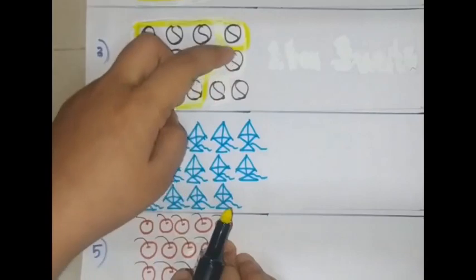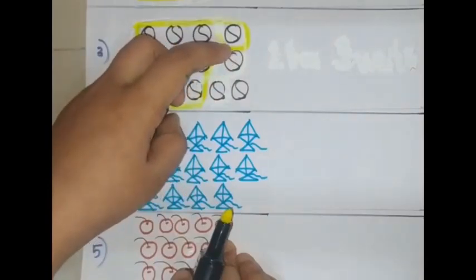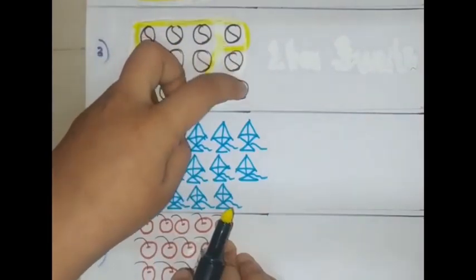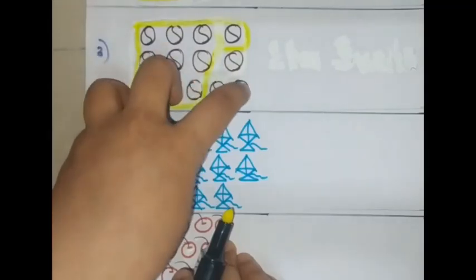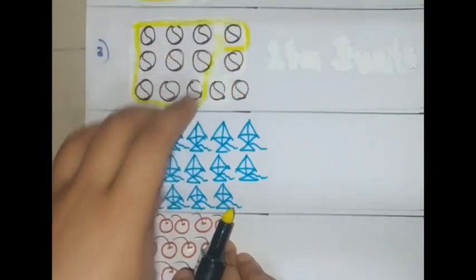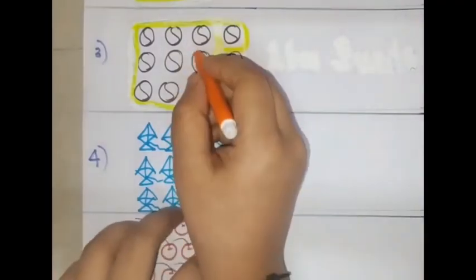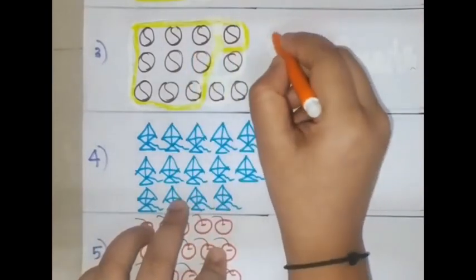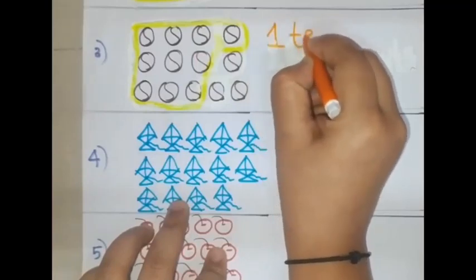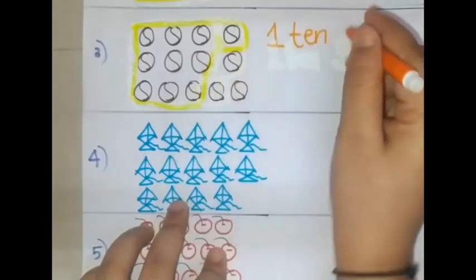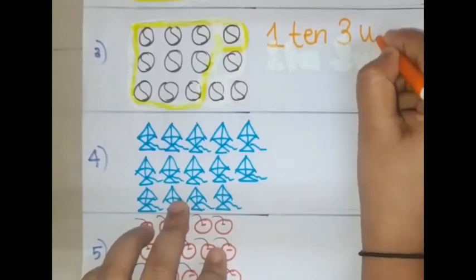Now let's see the remaining balls. How many are there? 1, 2, 3. So there are 3 balls remaining. So now we will write this one group of 10 balls as 1 ten, and these 3 balls we will write as 3 units.